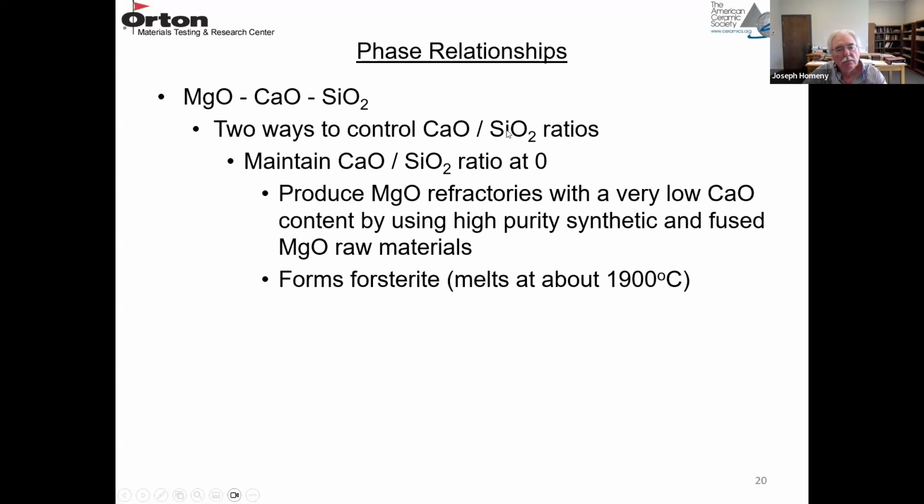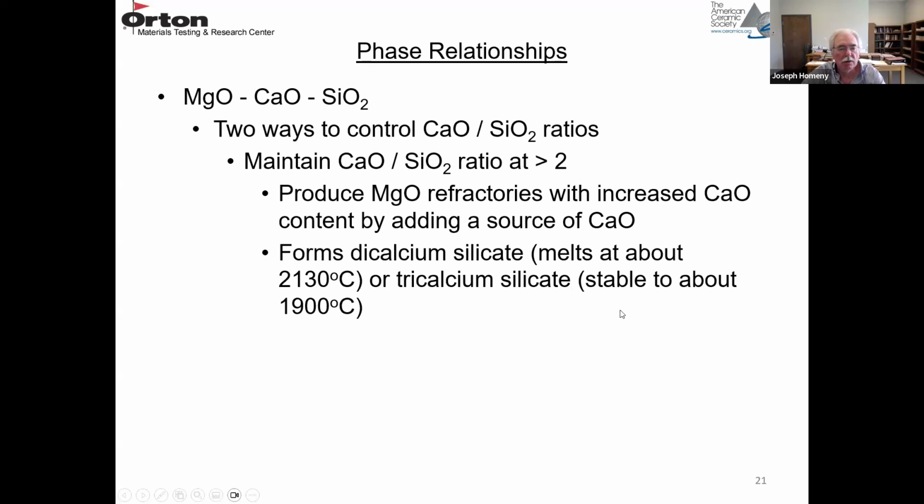If you eliminate the lime completely, you'll have some silica left. That silica can react with MgO to form that magnesium silicate forsterite, which has a high melting temperature. So in this approach, you're eliminating the lime. It's not exactly that easy to do unless you have a very high purity material.